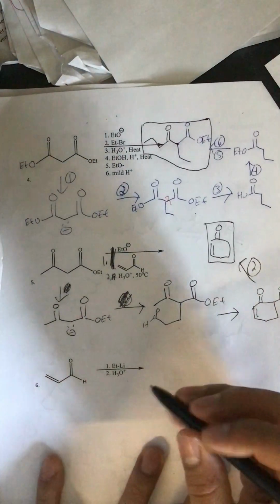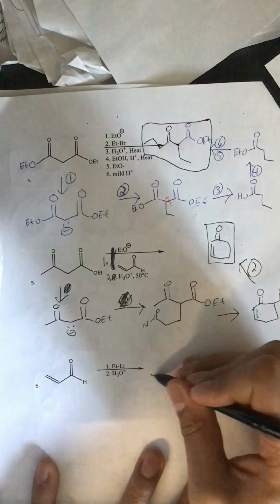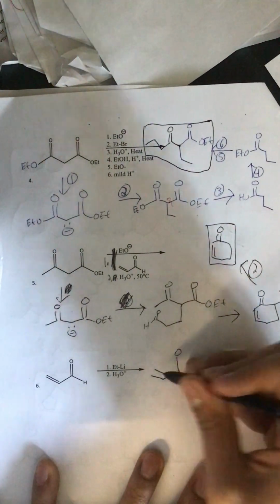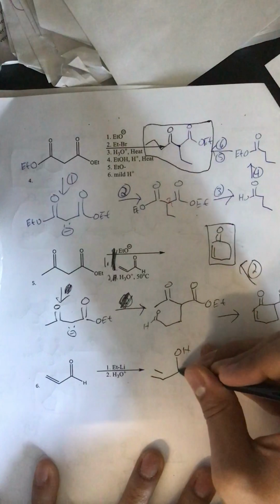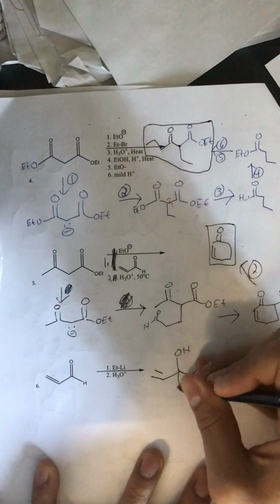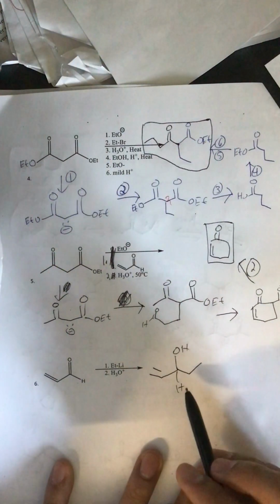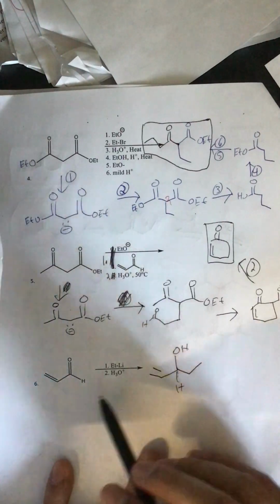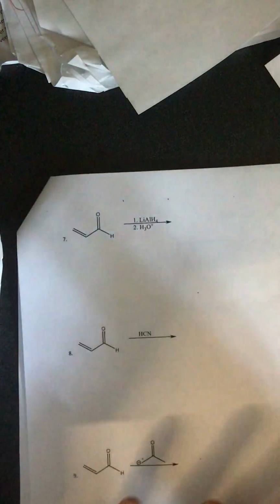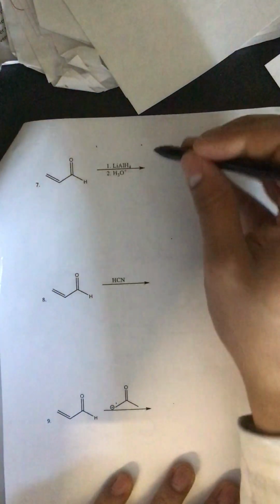For 6, this lithiate is going to do carbonyl addition. So you're going to add it to this carbonyl carbon. LAH also reduces the carbonyl position.